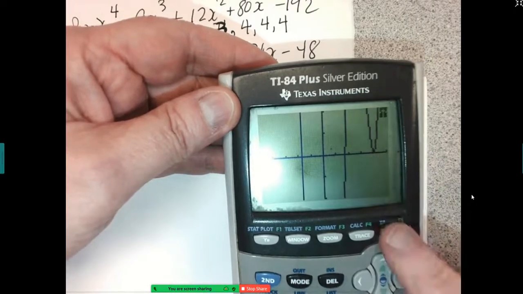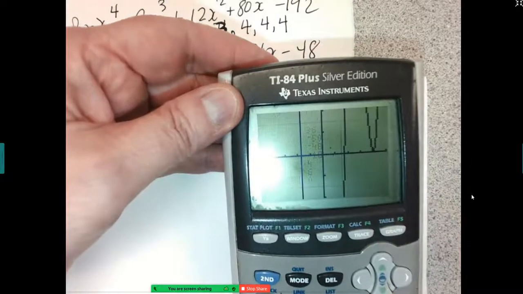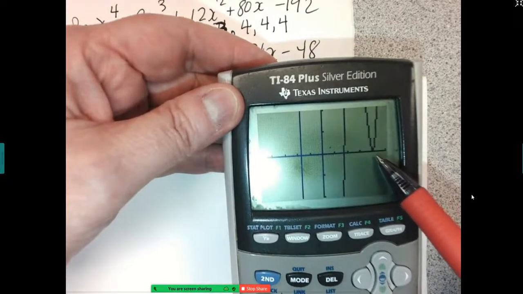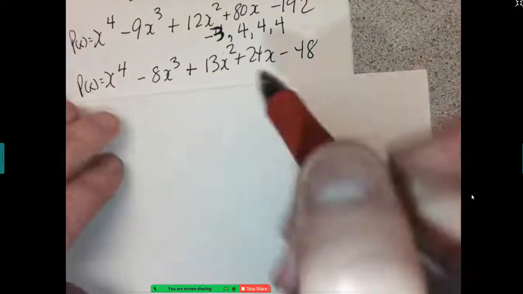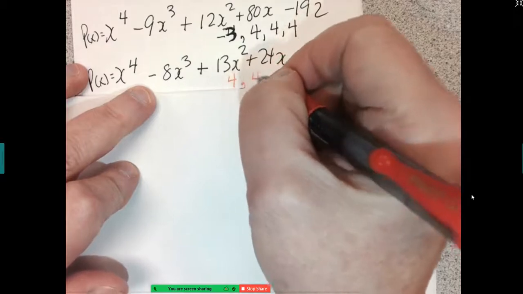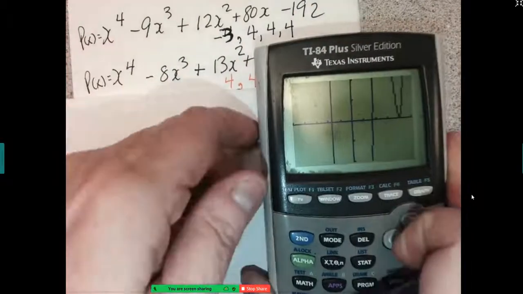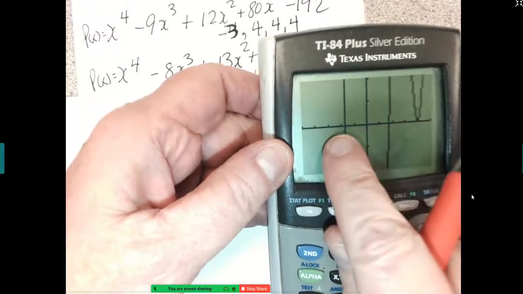It's 4. So if I press second graph, yes, 4 is definitely a 0. So it looks like 4 is a 0 of multiplicity 2, so I'm going to count it twice. But then I've got these other ones that are not integers.